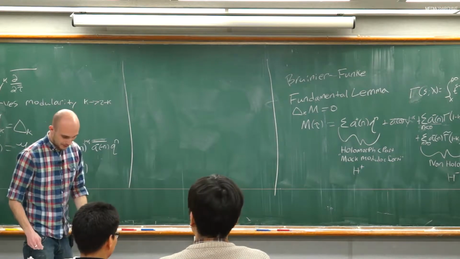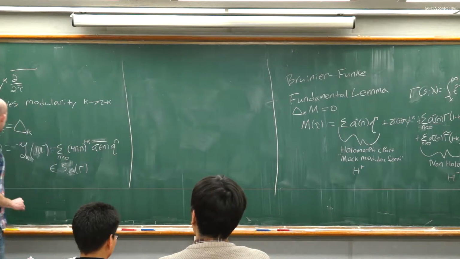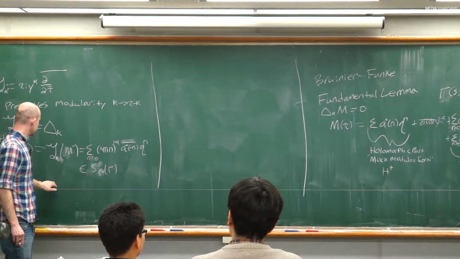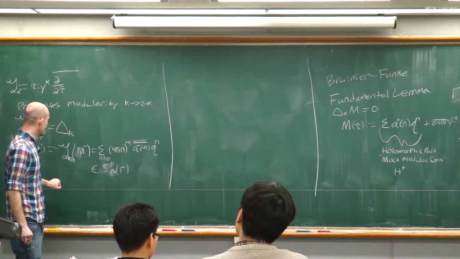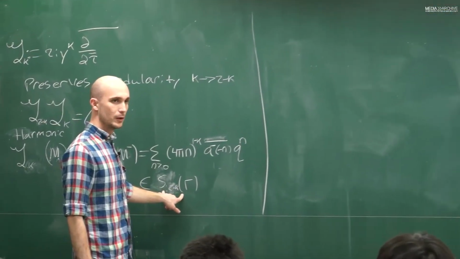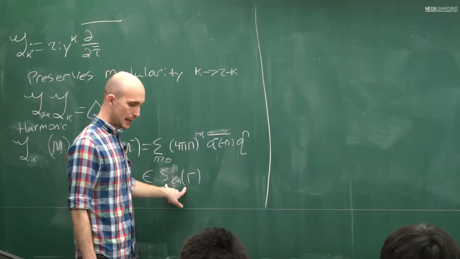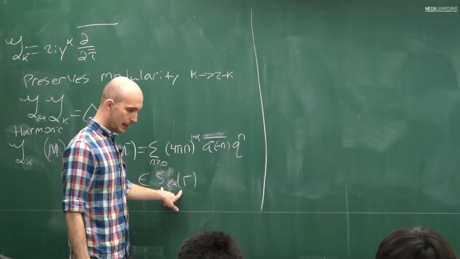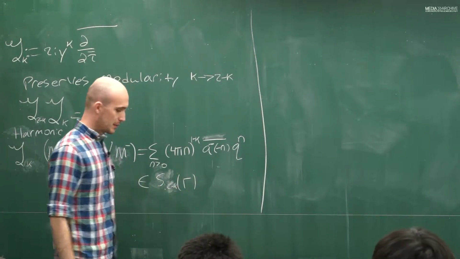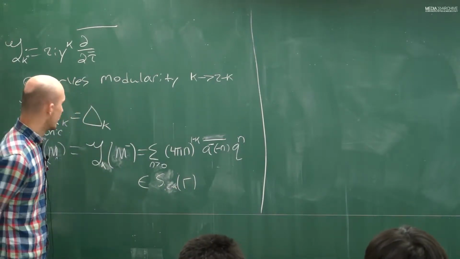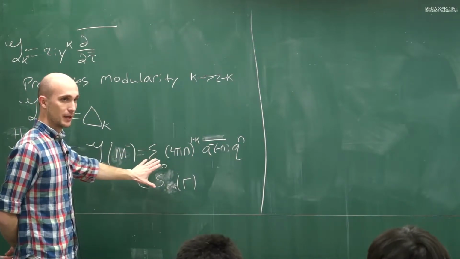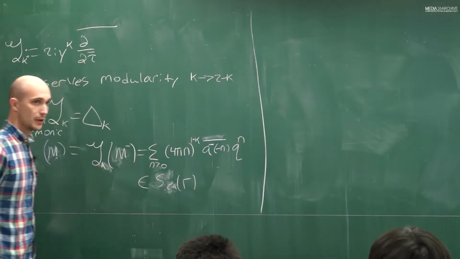So one point that I'd like to make here: if we pick gamma so that this space of cusp forms is 0, for instance when gamma is a genus 0 subgroup, then all of the harmonic Maass forms with the growth condition that we've described here all have to be weakly holomorphic modular forms.